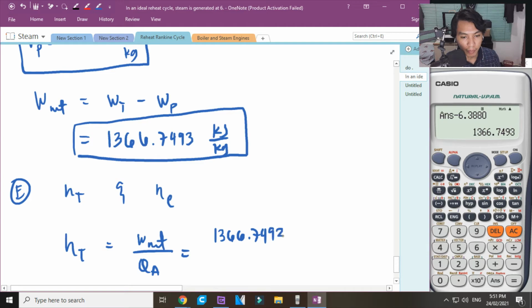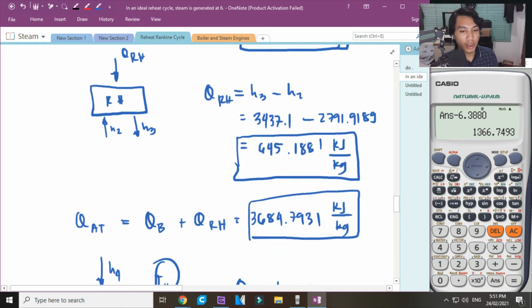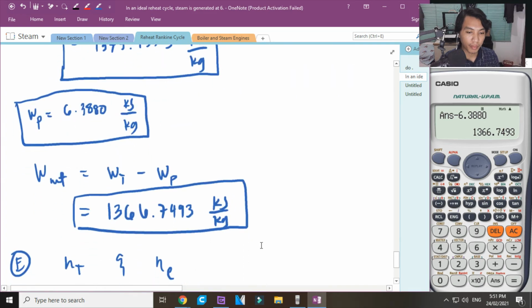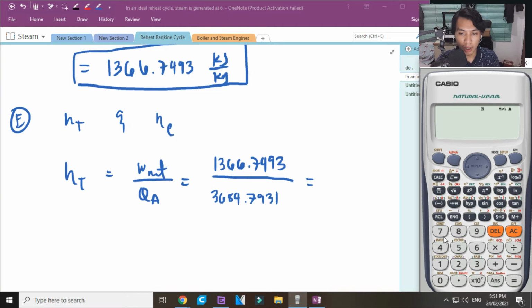1366.7493 divided by QA. What is your QA? QA total 3684.7931. Equal to, tingnan natin kung tumaas ba yung efficiency niya. Abot ng nasa 40%.